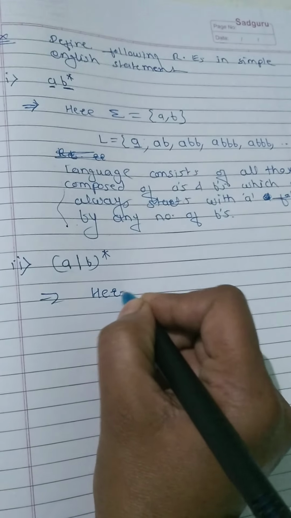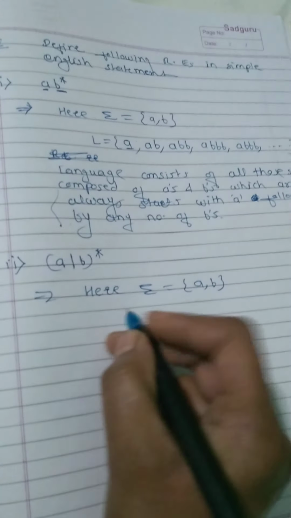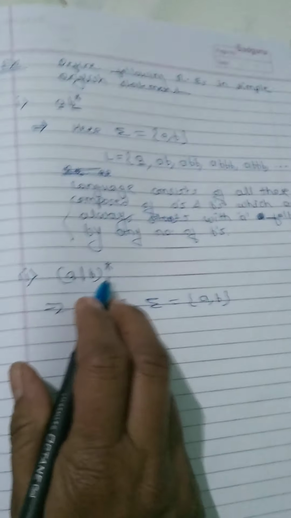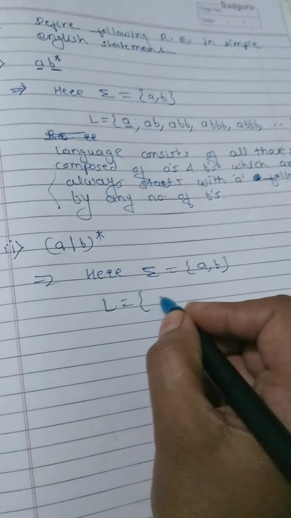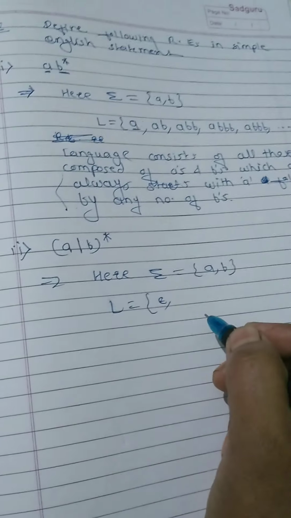Here the alphabet is equal to {A, B}, then L is equal to 0 or more occurrences of A or B. If I take 0 occurrences of this, I will get simply epsilon.